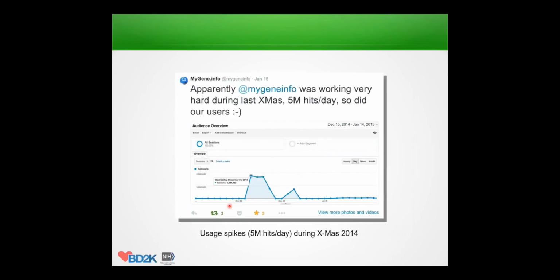This is another slide I probably showed before. It's actually Christmas 2014, not last year. We saw about 5 million hits a day, like a spike. This is probably just from one particular user. We didn't see this last Christmas, which is good.